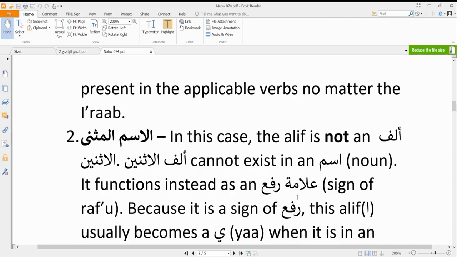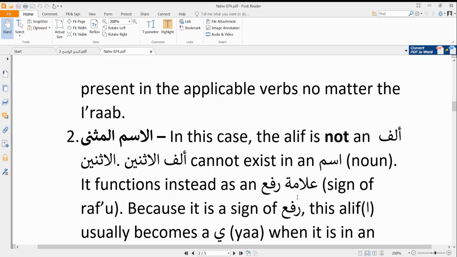However, on the other hand, if you look at the ism al-muthanna, the alif in muslimani, after that mim, is not an alif al-ithnain. That is very important. This is where the important distinction lies. Why?